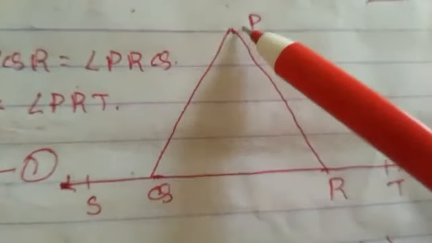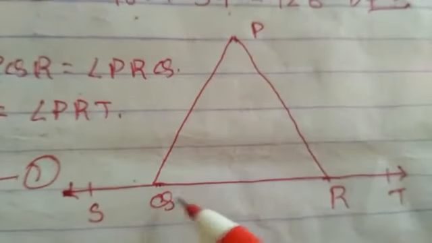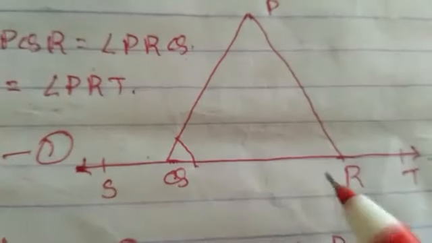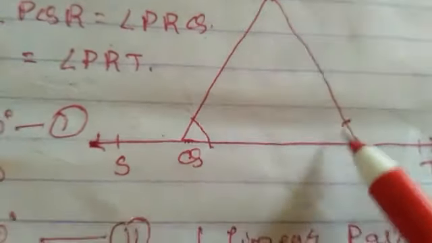This is a triangle PQR in which side QR is produced to both sides. Side QR of this triangle is produced in both directions. And here it is given that angle PQR, that is this angle, is equal to angle PRQ, that is this angle. These two angles are equal.